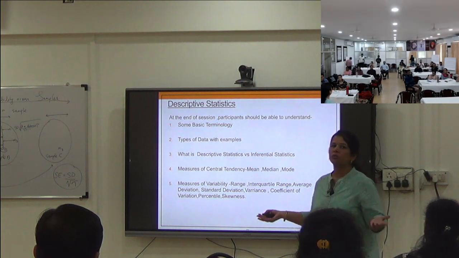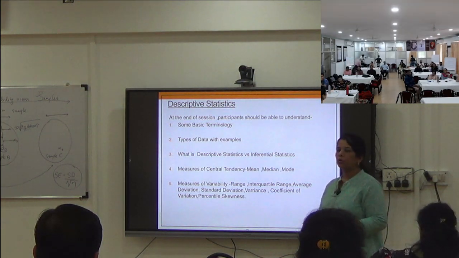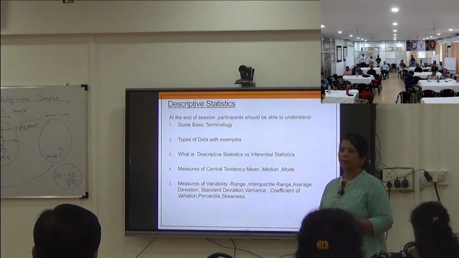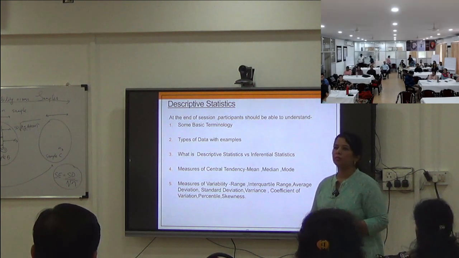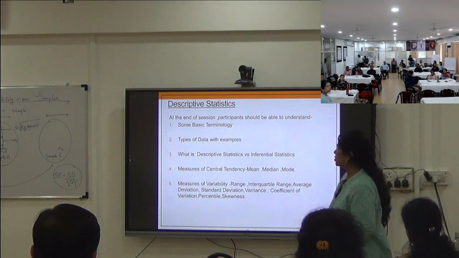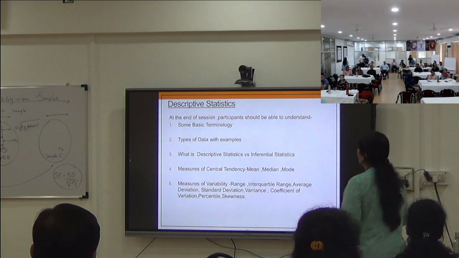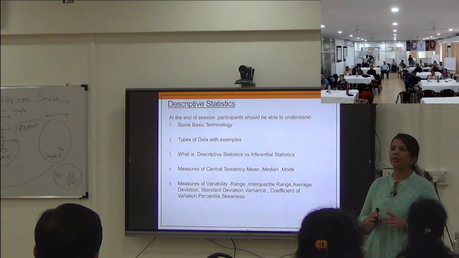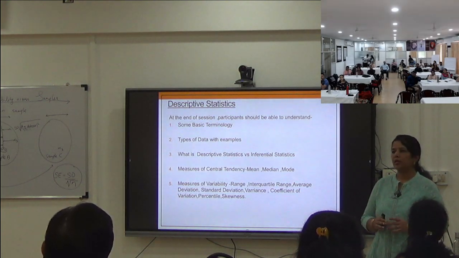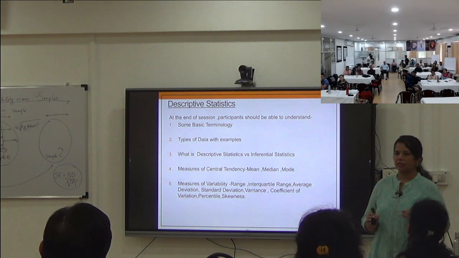So it is huge data and it will be difficult to interpret correctly if we don't make sense out of it. Okay, so in this we have two things. First, describe the data that we have collected, that is called descriptive statistics.